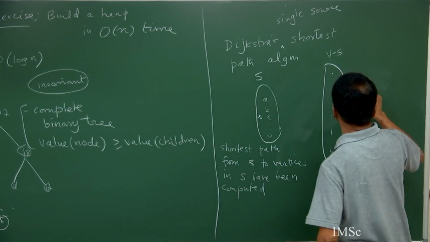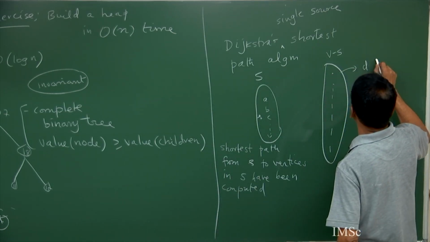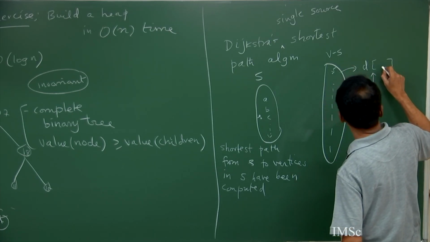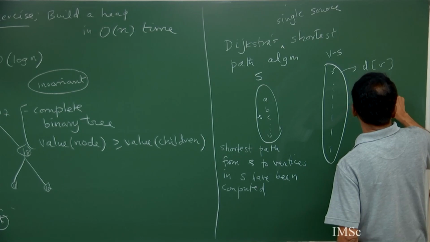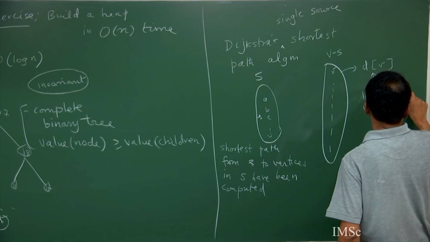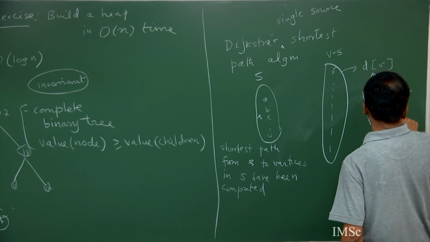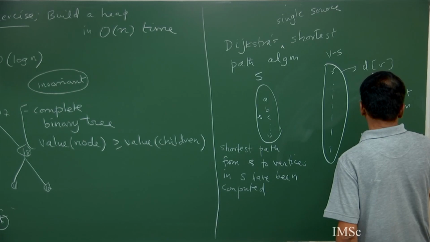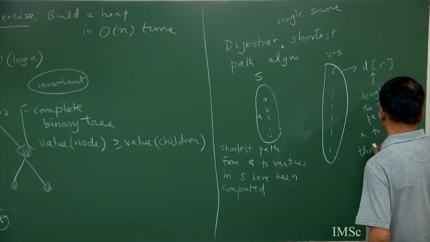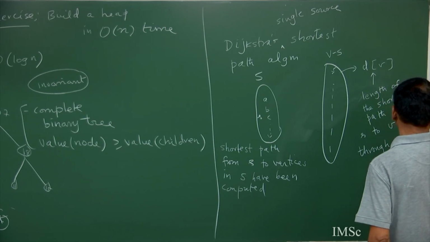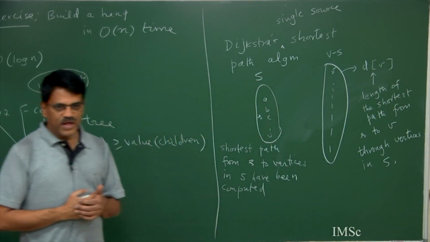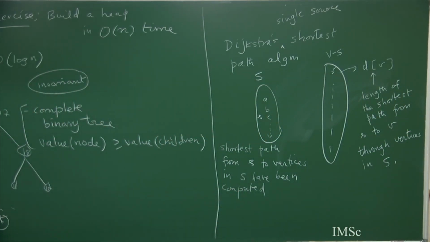And the other invariant to maintain here is some number D, which is, let's call this V, the length of the shortest path from S to V, but you are allowed to use only vertices in S. So at every point of time, the algorithm maintains this invariant, right?